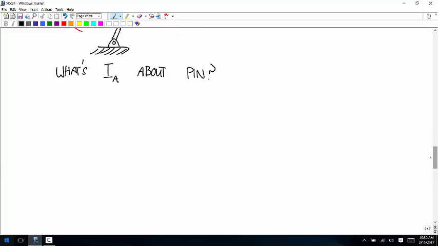Okay, so we're going to break this up into two pieces. I'll call this rectangle 1 and this rectangle 2.